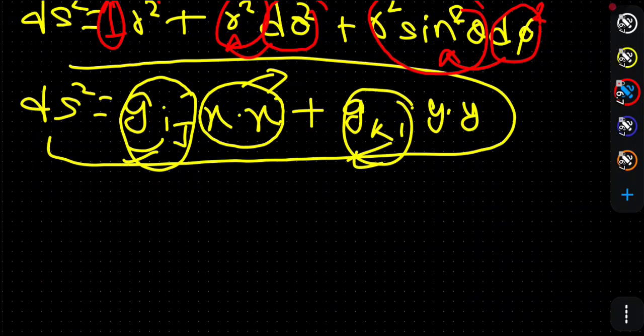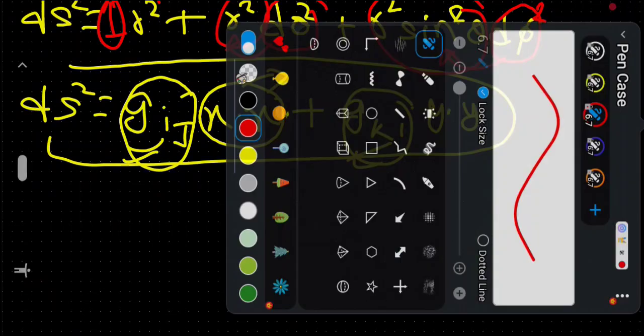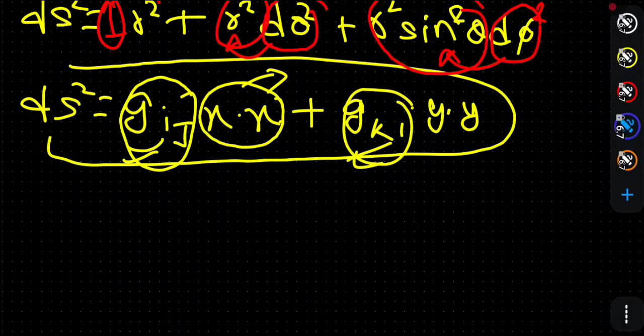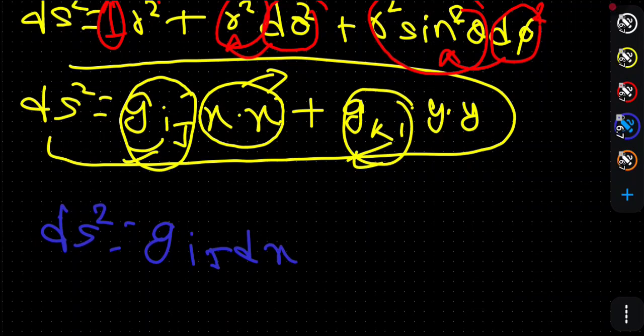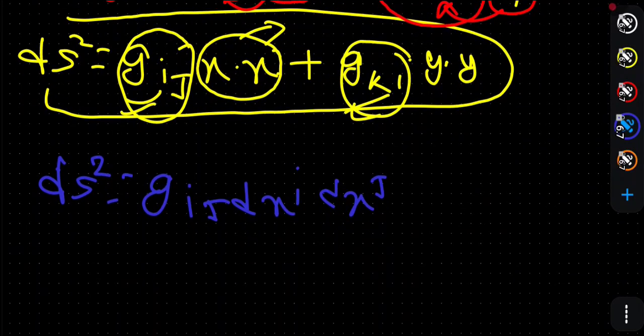Let me take another example. Suppose we have a differential ds square, and I have written a formula g_ij dx^i dx^j, where i and j run from 1 to 10, let's say, as an example.